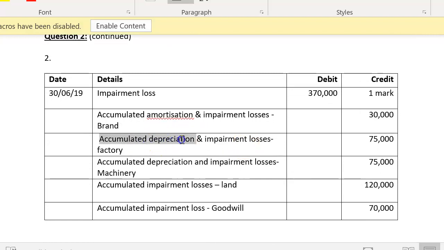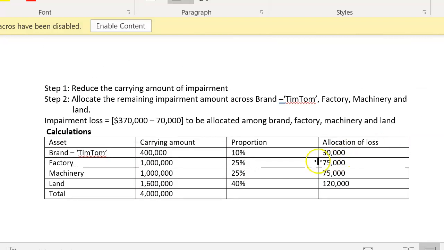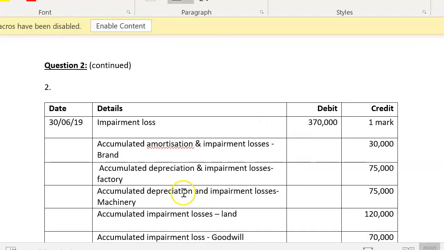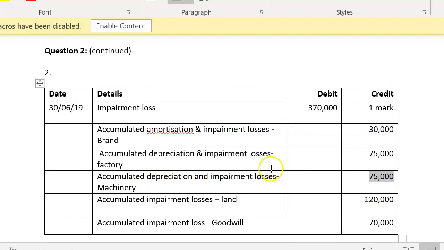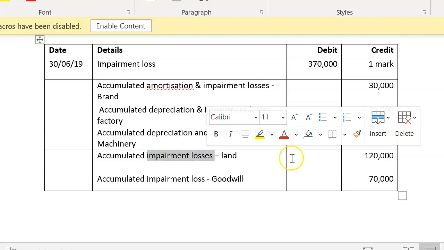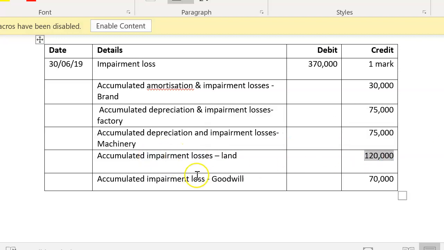And accumulated depreciation and impairment losses, factory, 75. Straight from here. Accumulated depreciation and impairment losses, machinery, 75. Accumulated impairment loss, land. Keep in mind, land does not depreciate, so you only account for accumulated impairment loss, 120.